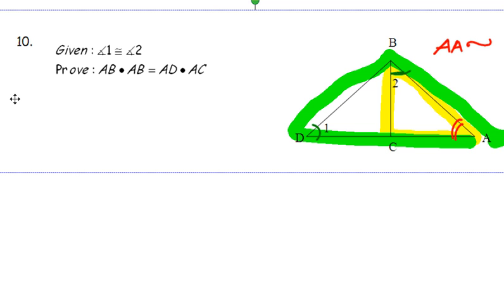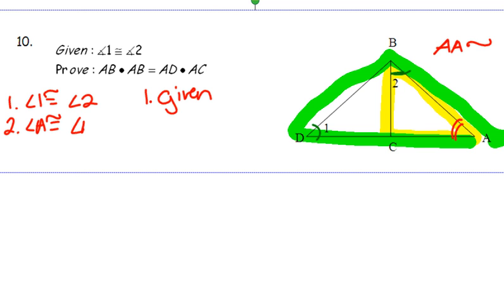So I'm given that angle 1 is congruent to angle 2. And then it contains angle A, which means that it's congruent to itself. So angle A is congruent to angle A, which is our old friend, the reflexive property. So reflexive property of angle congruence. All right, so now I can say my two triangles are similar.